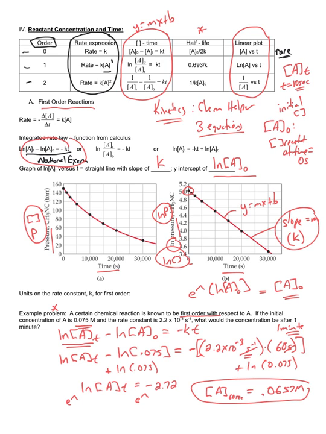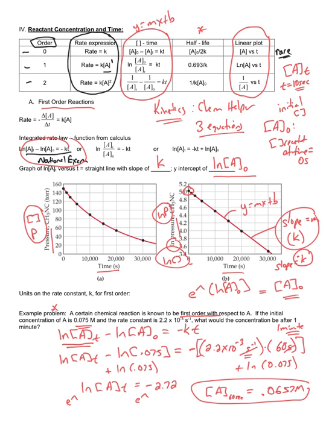Be careful: when you get the slope of the line, the slope will be negative. The rate constant, little k, can never be negative. So the slope of the line is really equal to not k, but negative k. You have to be aware of that, then just get rid of the negative sign because the rate constant can never be negative. That's how we look at first order reactants.